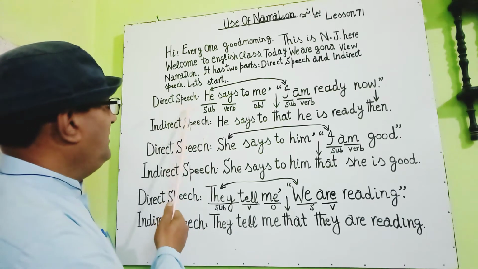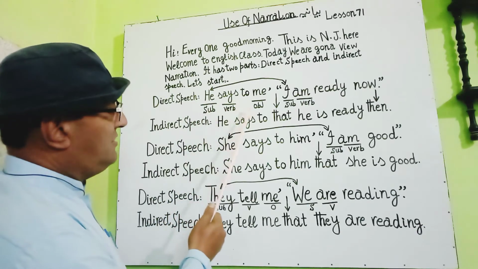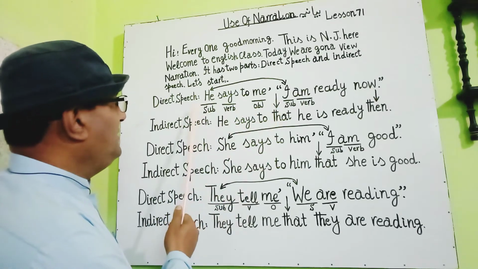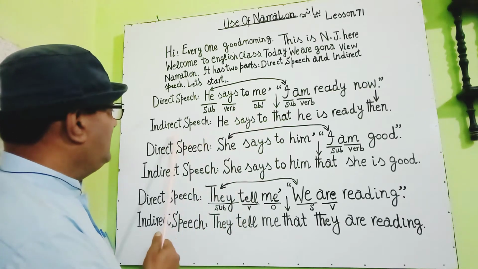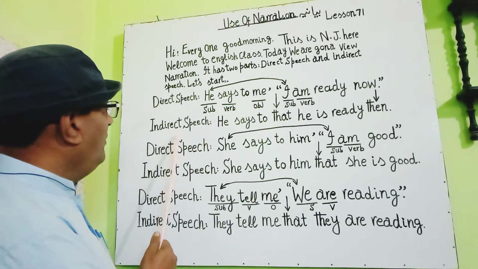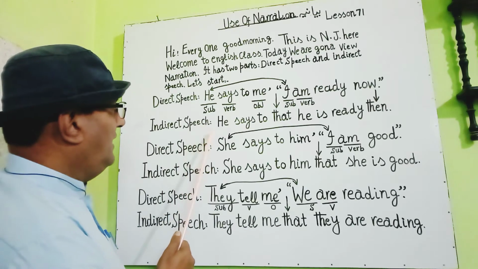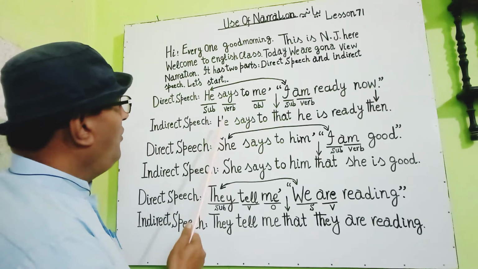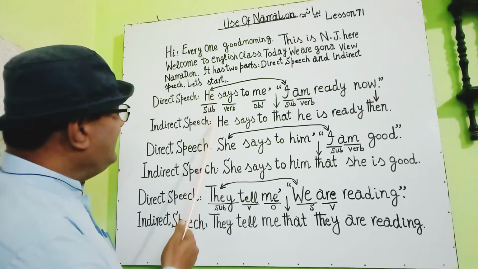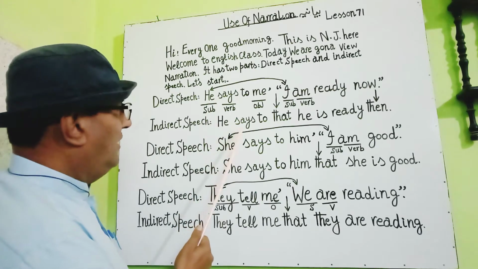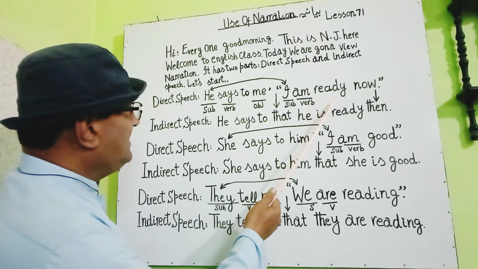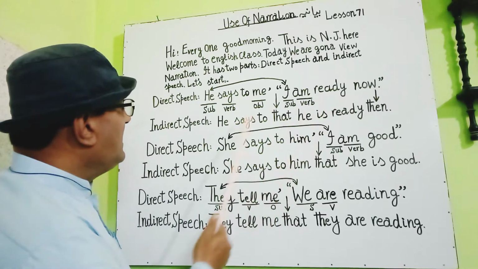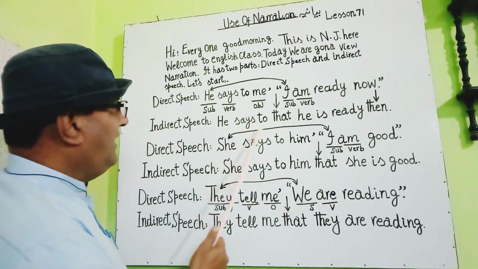Direct speech means direct conversation is called direct speech, and indirect conversation is called indirect speech. Now we can see here the conversion, how these direct speech sentences change into indirect.